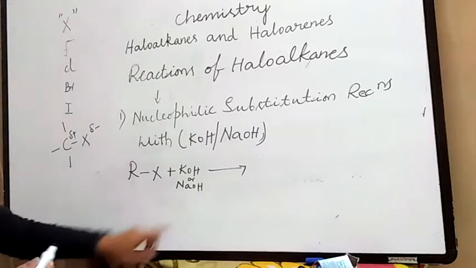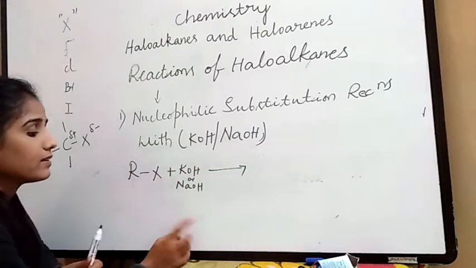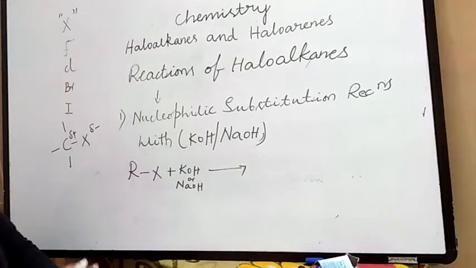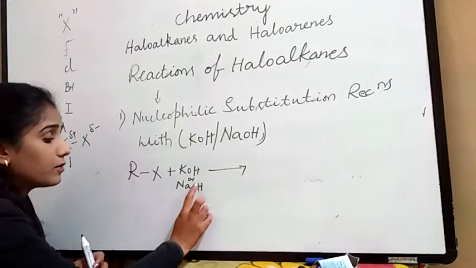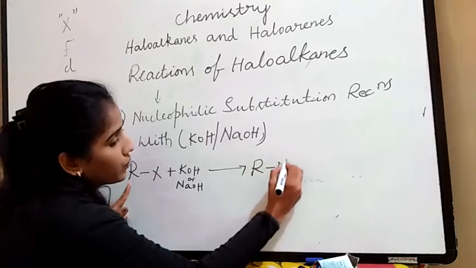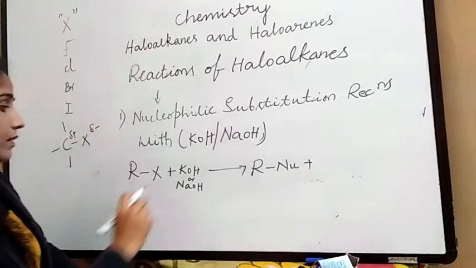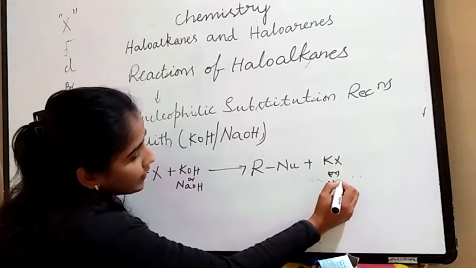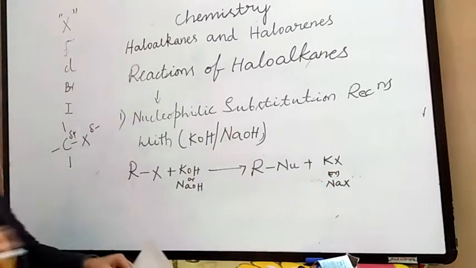KOH dissociates to give K plus and OH minus, and NaOH dissociates to give Na plus and OH minus. In both bases the nucleophile is OH minus only. So R-Nu plus KX or NaX, potassium salts or sodium salts we will get.